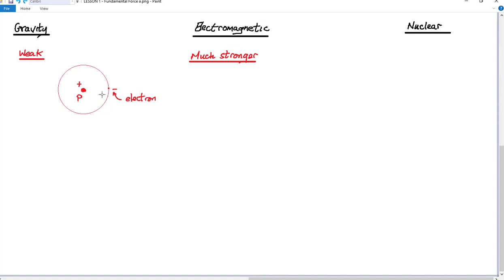If you compare the size of the two interactions in this single atom, you'll find that the electromagnetic force is approximately 10^39 times stronger than the gravitational force. So that gives you a rough idea of how much stronger electromagnetism is compared to gravity.